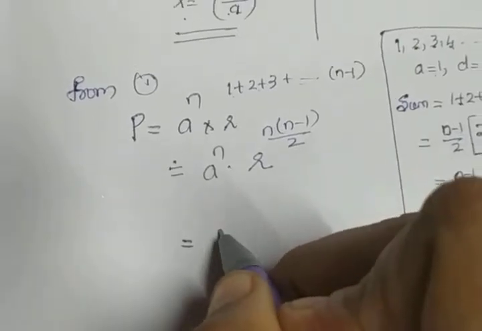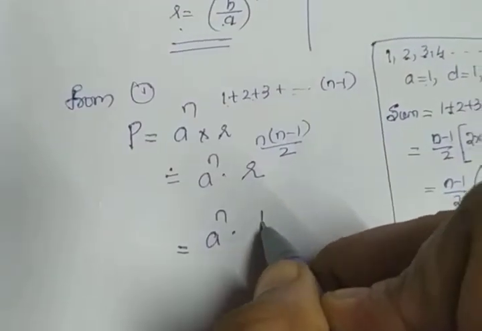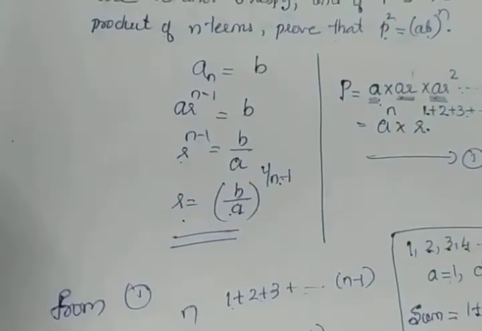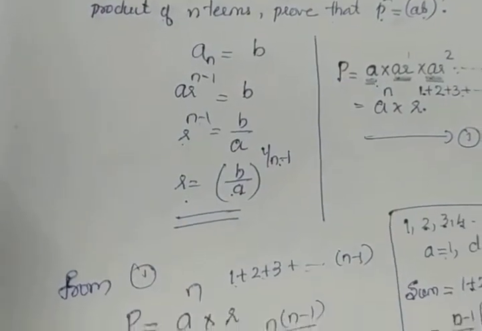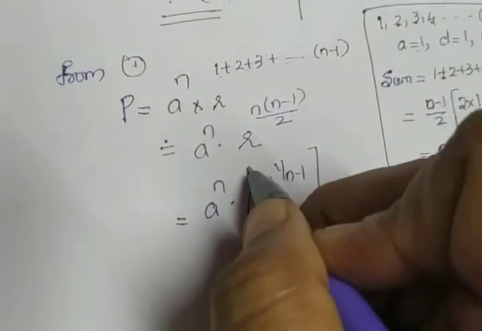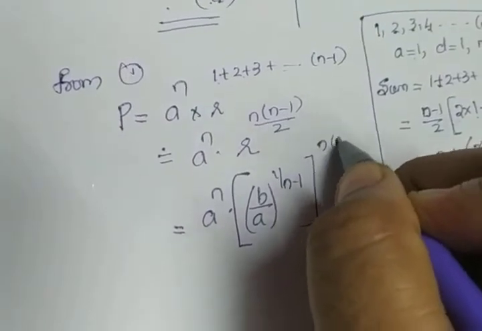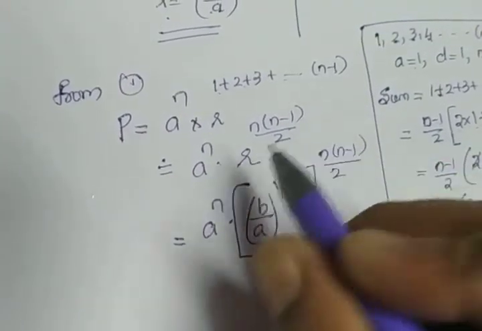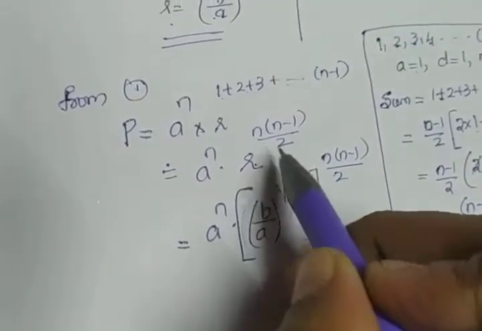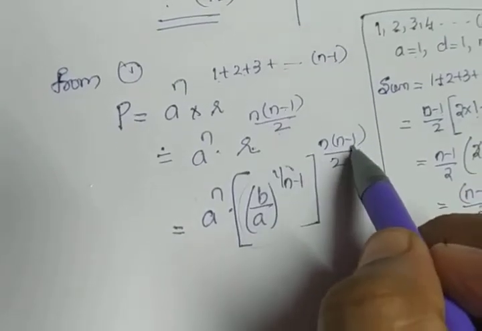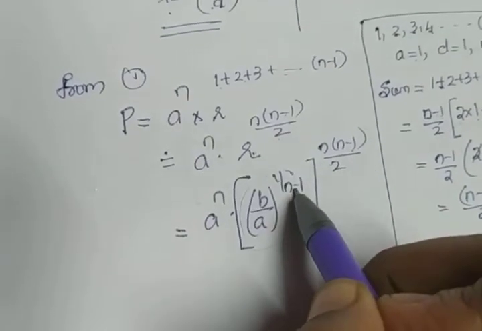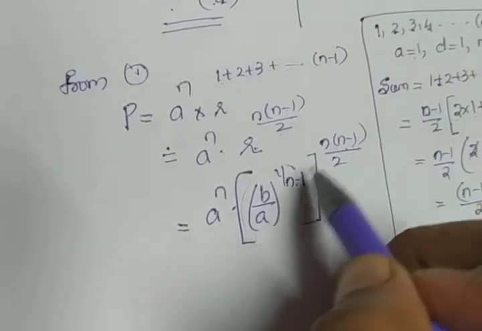So if I substitute the value, A raised to n into (B by A), R is (B by A) raised to 1 by (n minus 1), the whole raised to n into (n minus 1) by 2. So again, (B by A) raised to a power raised to another power, so we can multiply the powers.